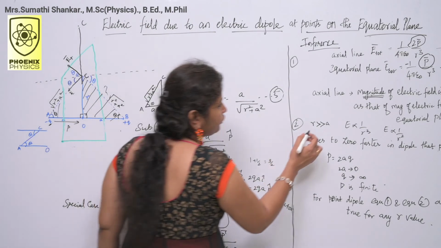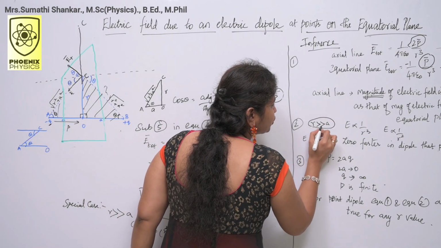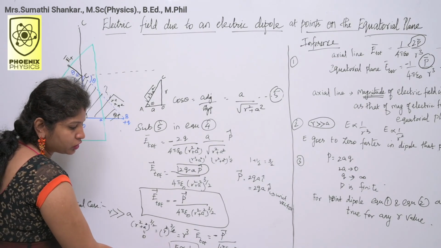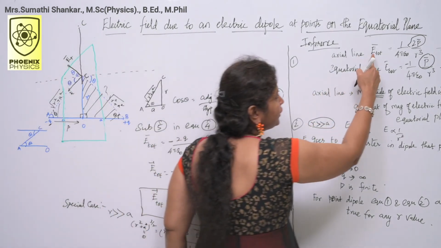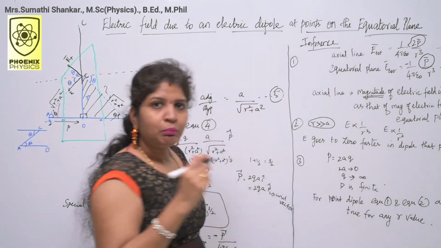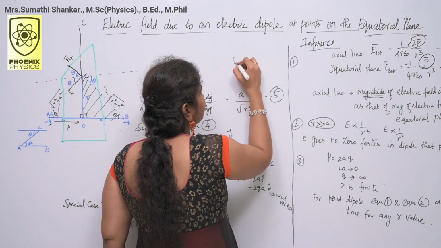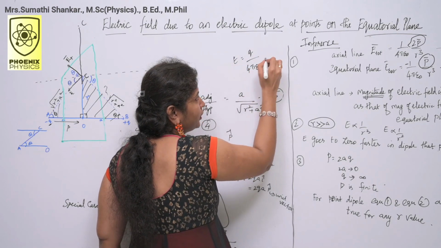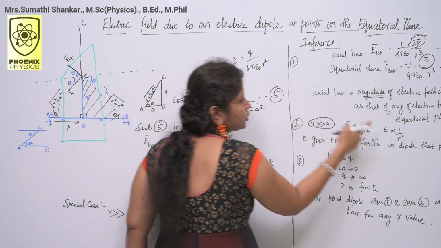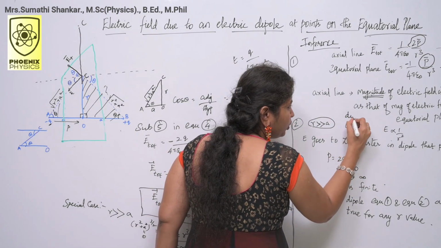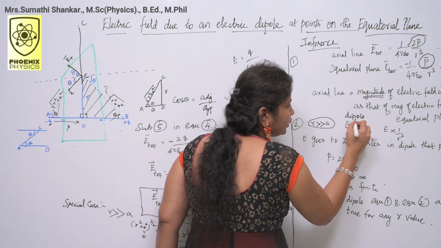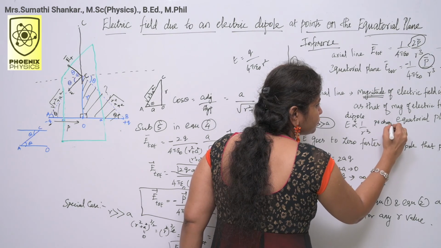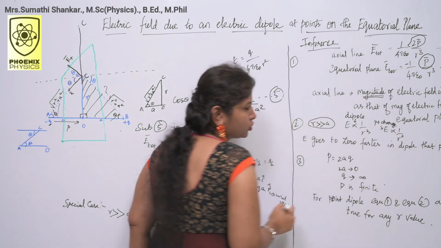Second one, if R is very much greater than A, you know that E total is inversely proportional to R cube. In both formulas, E is inversely proportional to R cube. But in our general relation, E can be written as Q by 4 pi epsilon naught R square, so E is inversely proportional to R square. If it is a dipole, E is inversely proportional to R cube. If it is a point charge, E is inversely proportional to R square.